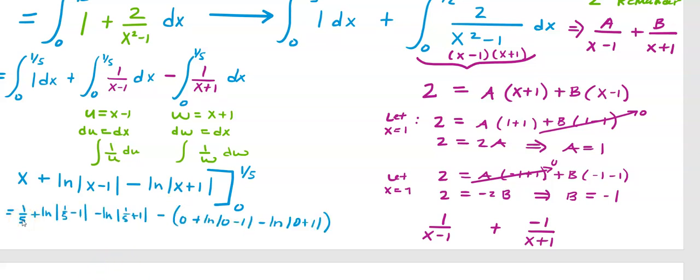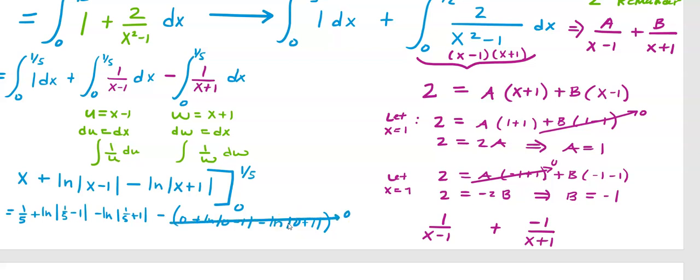Okay, so we have replaced all of the x's with 1/5 and then replaced all of the x's with 0. Now this whole back right-hand side is 0 plus the ln of the absolute value of negative 1. Well, the ln of the absolute value of negative 1 is the same as the ln of 1, which is just 0, and the second part here is also just the ln of 1, which is 0. So this whole backside cancels out to 0.